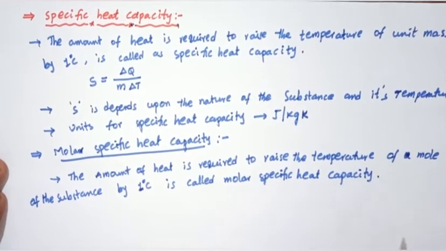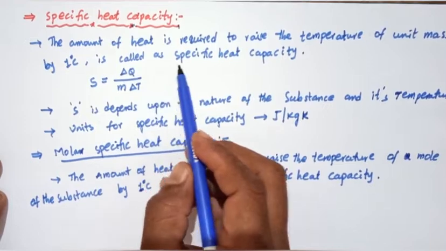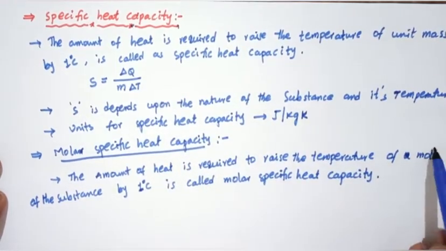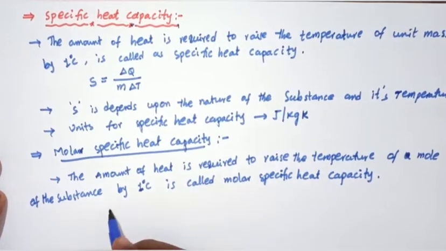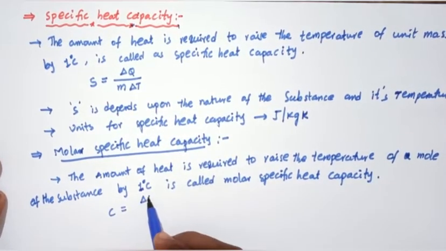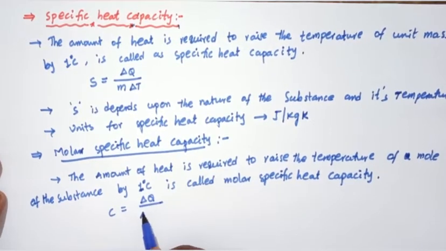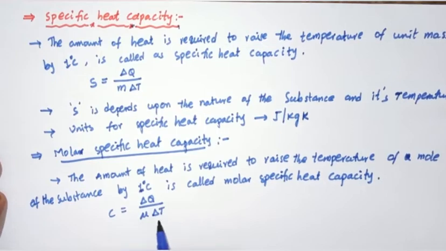In place of unit mass, the substance is in moles, so it is denoted as C equals delta Q by mu into delta T. Here mu is the number of moles.